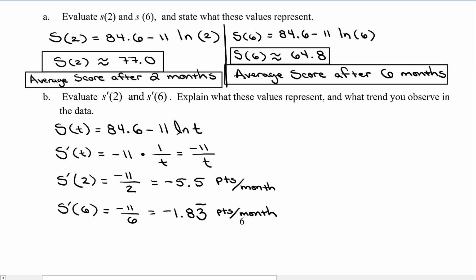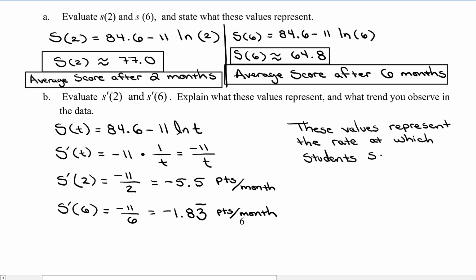So let's go ahead and write down in words what this represents. These values represent the rate at which students' scores are changing. In this particular case, they're decreasing. So I'm going to write down in parentheses here that the scores are decreasing.